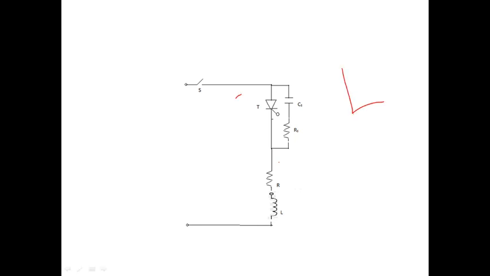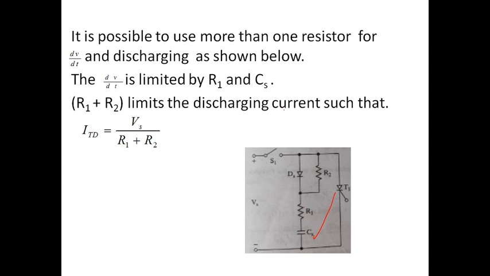Charging should not be very slow. If charging is very slow like this, my circuit operation will be disturbed. So charging should be slow, but it should not be too slow. But if the discharging current is very small, then it is good because it will save my SCR.